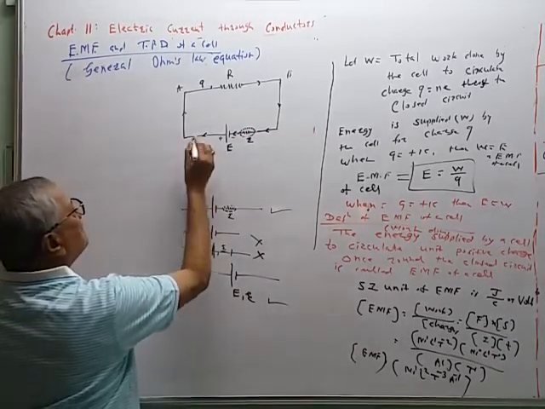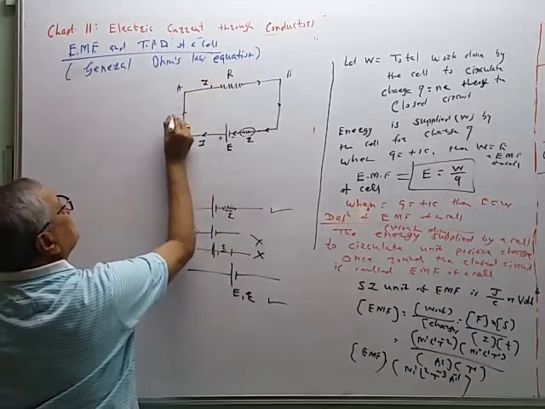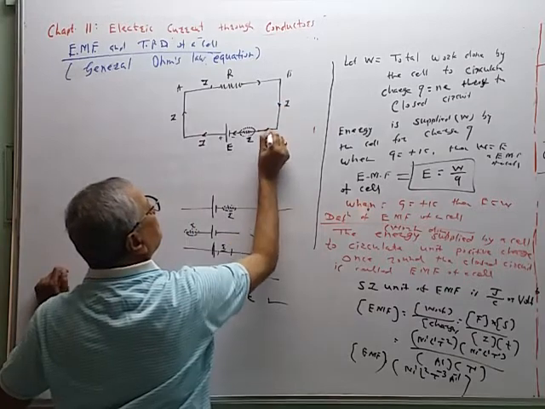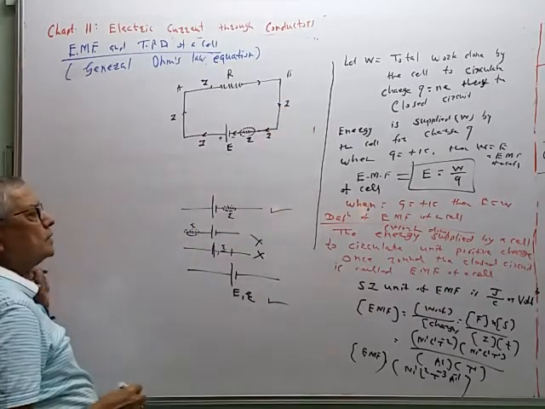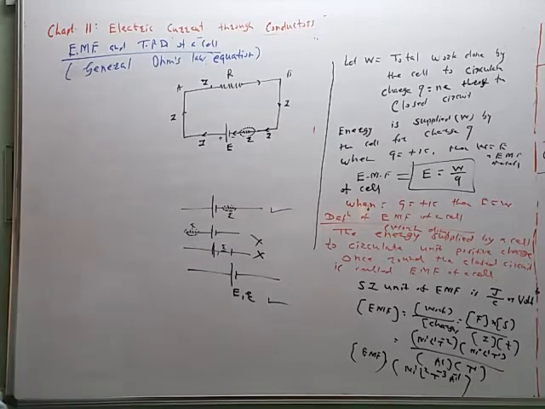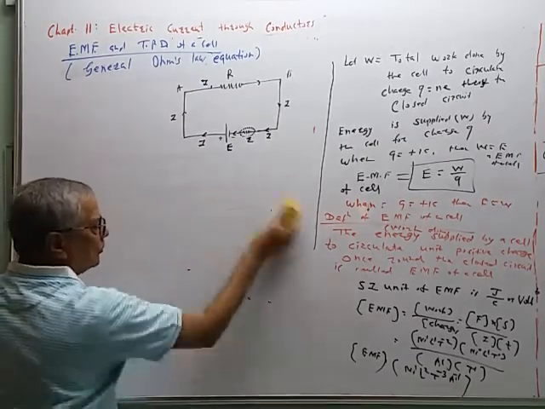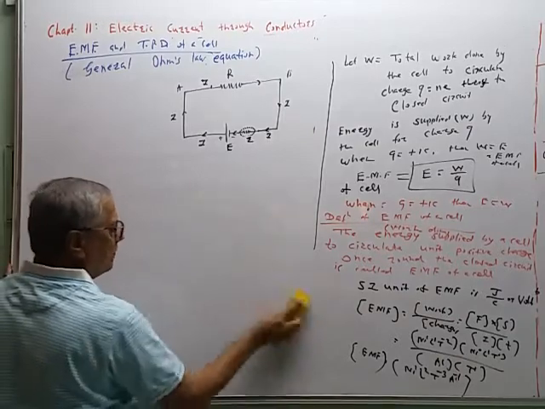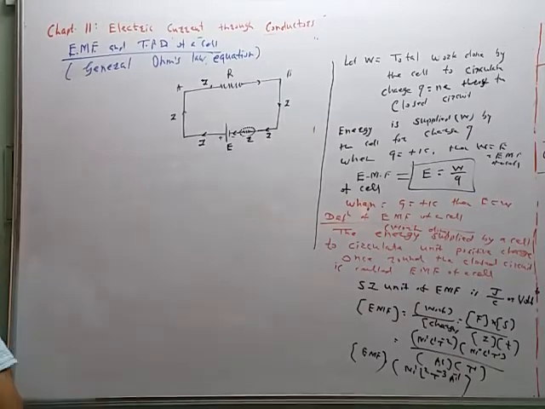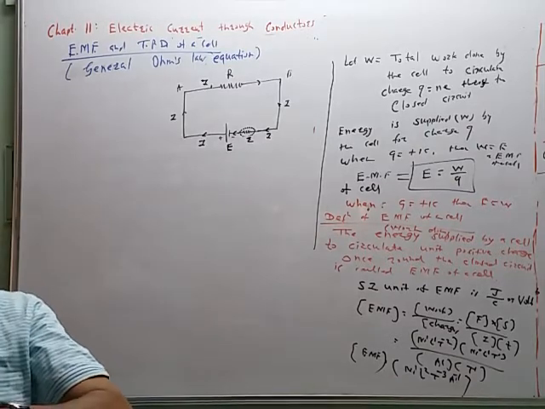So current I is supplied by the cell and it flows in this direction. So I is equal to dq by dt, meaning some charges are flowing through the circuit. To circulate the charge through the closed path, some energy is required, and therefore you can give the basic equation like this.